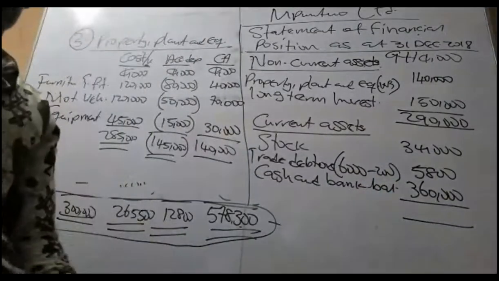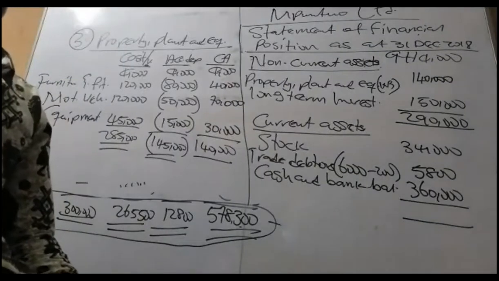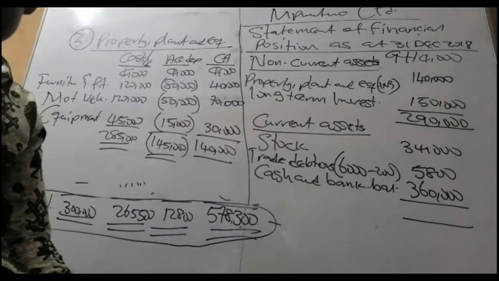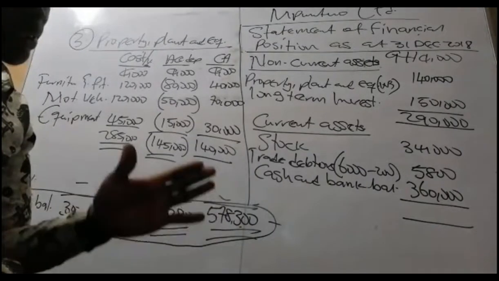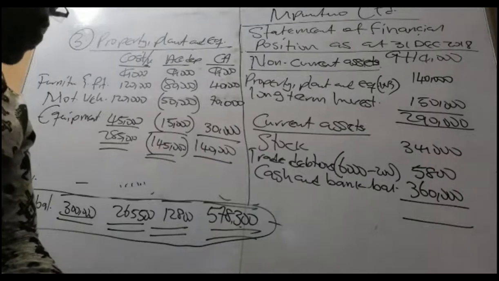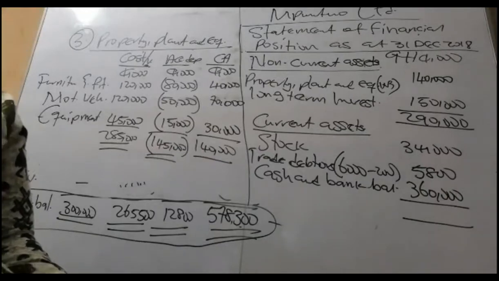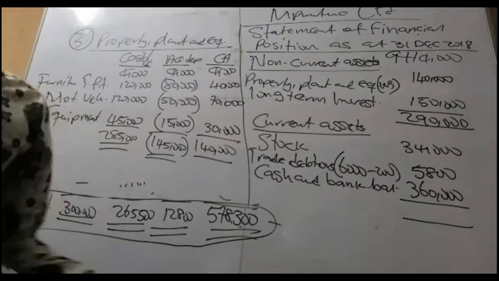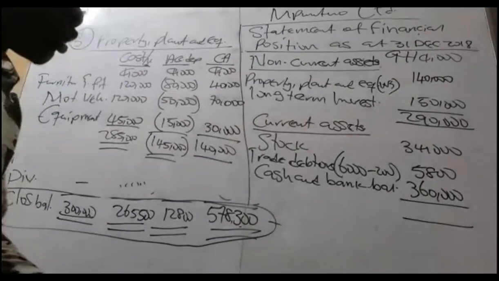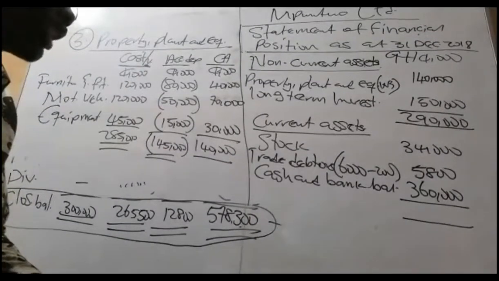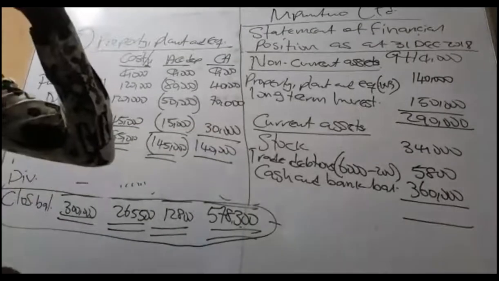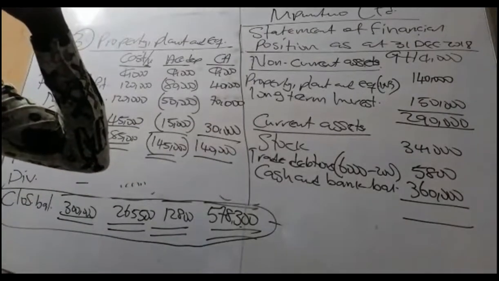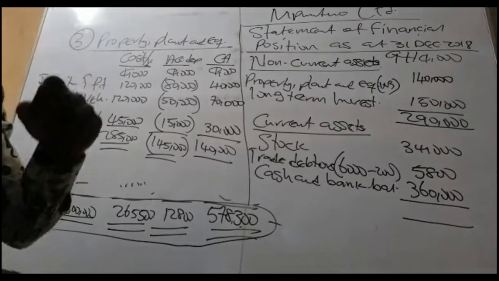So we sum it up like this, then we get the total current assets before we calculate the total assets. Good. So now let's sum up together. 34 plus 5,800. That's 39,800 plus 360,000.